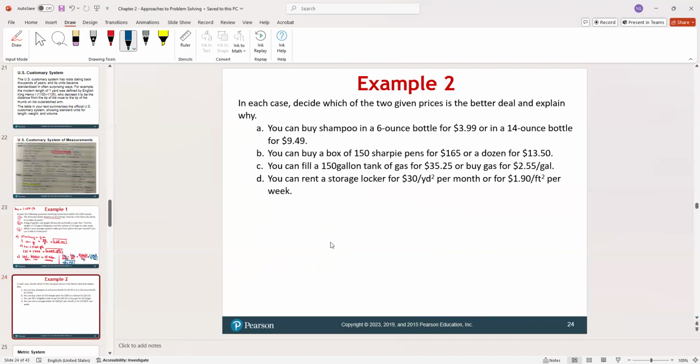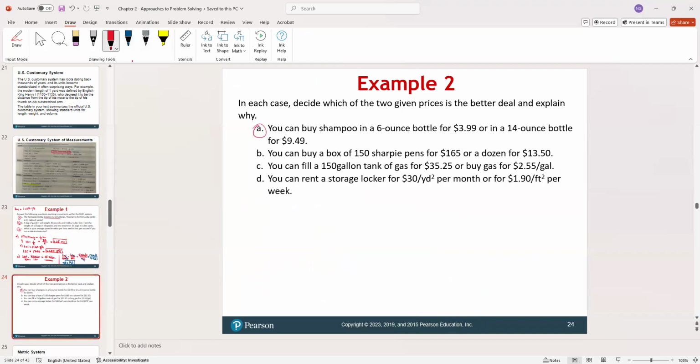We're going to go over another example very quickly. For this one, they said in each case, decide which of the two prices is the better deal. Usually, I go with one example, and I let you do some on your own.